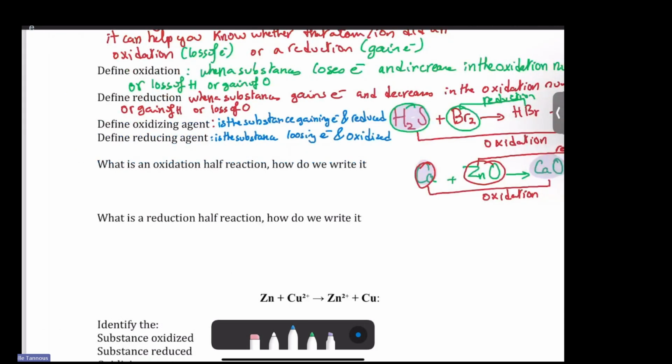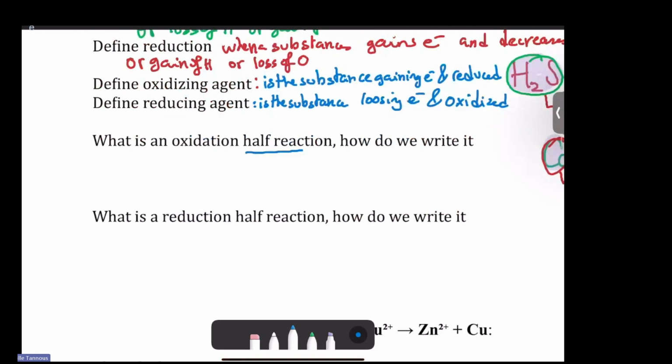What is an oxidation half reaction? How do we write it? So if I have a substance, let's say Fe2+ that turned to Fe3+, in the oxidation, see the oxidation number increased. So this is an oxidation.